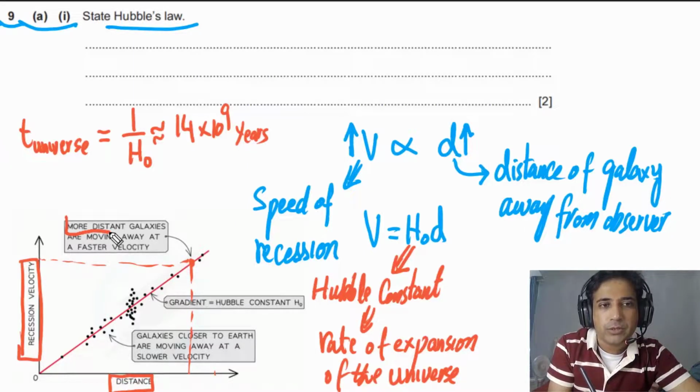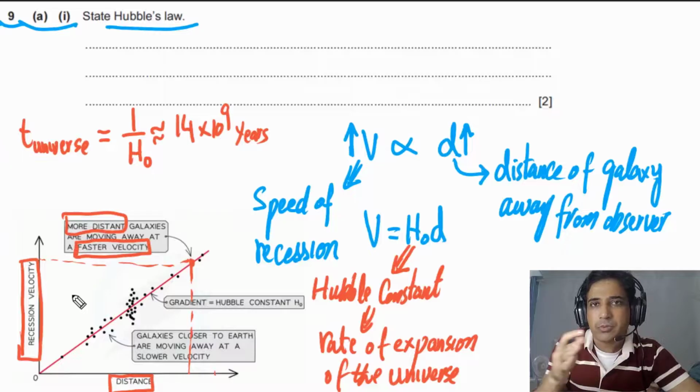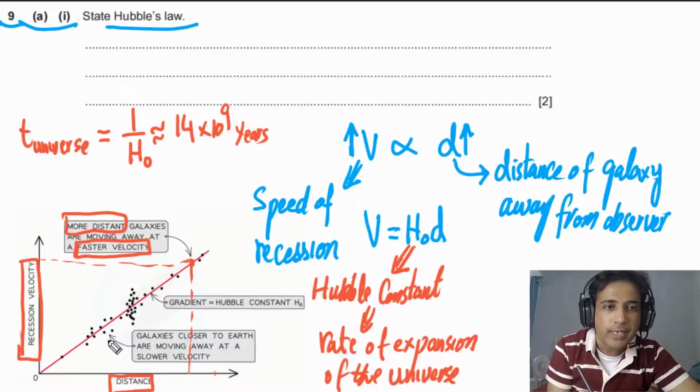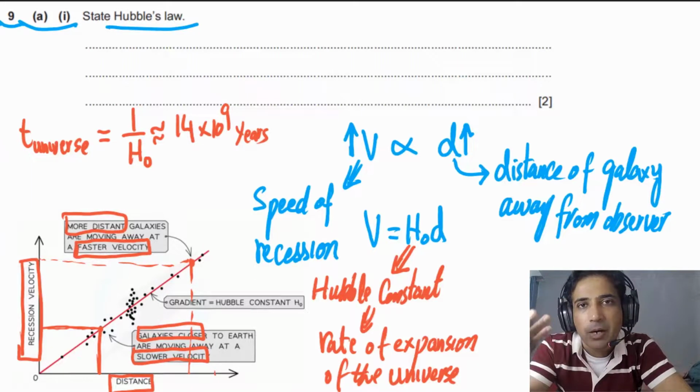So more distant galaxies are moving faster, at higher speed away from us. If you look at closer galaxies, the distance is smaller and the speed is also lower. So closer galaxies have slower velocity. And that's all you need to understand about Hubble's law.